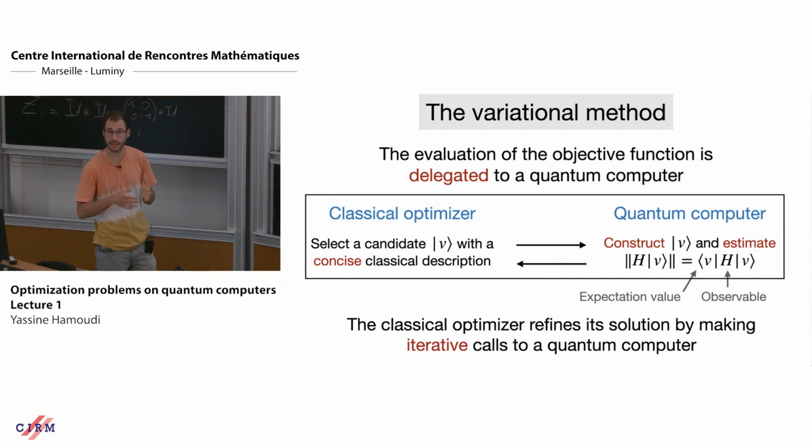It will select one candidate state that is not too difficult to describe, and it will send the description to the quantum computer. Now the quantum computer will construct the quantum state that corresponds to the description, and it will evaluate the objective function and return the value to the classical optimizer. The classical optimizer is expected to improve the solution depending on the value of the objective function on V. So it's really an iterative process.